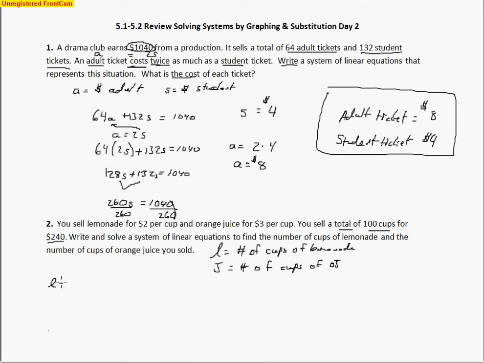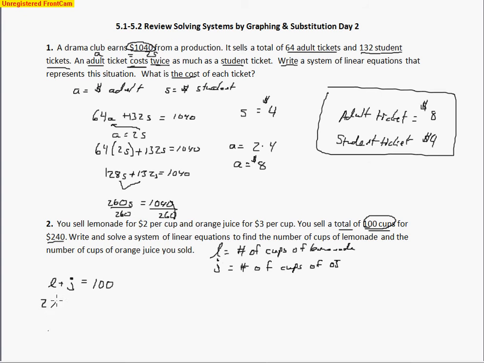L plus J, I'll use a lowercase j in this case, so let me fix my J to make it match. L plus J is 100, since there were 100 cups sold. The number of cups of lemonade and the number of cups of orange juice made 100 cups. That's what we sold. Now the next equation is the value equation.